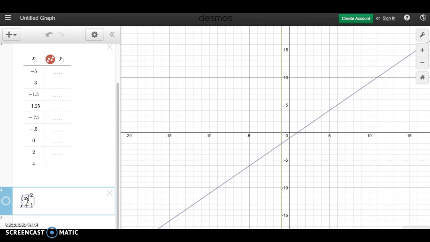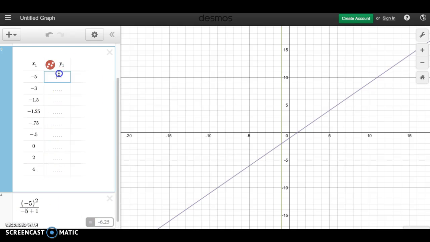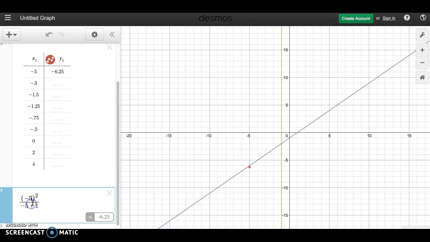Okay, so my first value I'm plugging in is -5. When we get that, it's -6.25. So up here, -6.25. Then we're going to do -3, and we get -4.5. Then we're doing -1.5, and there's no way it's -4.5 again.